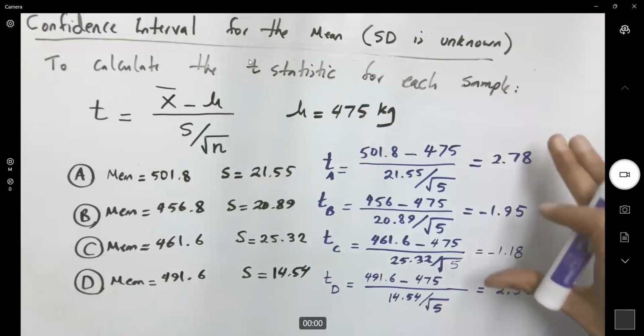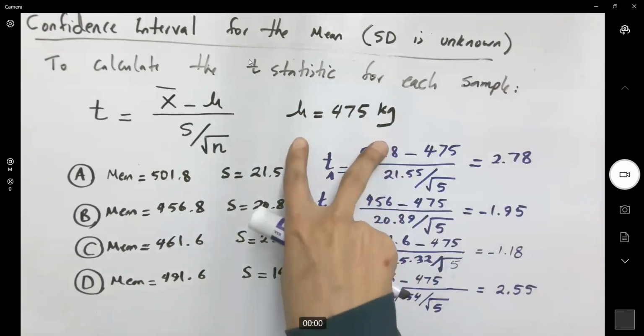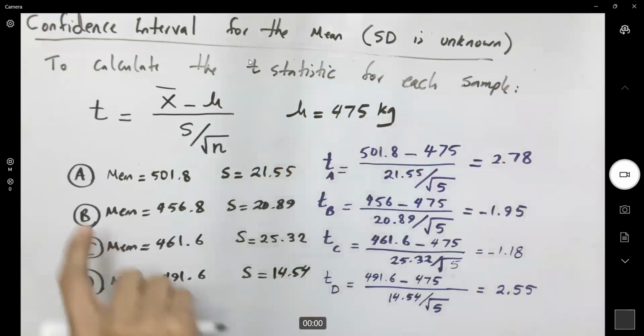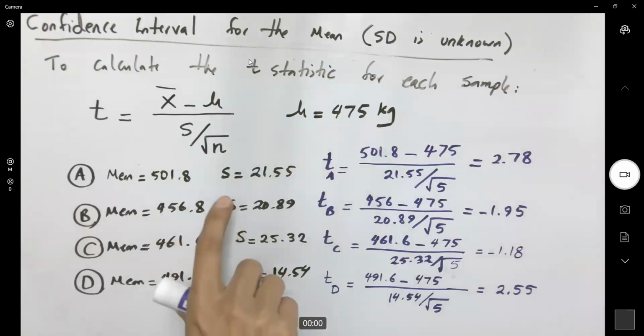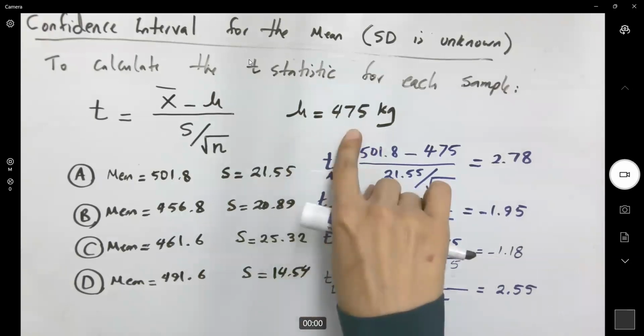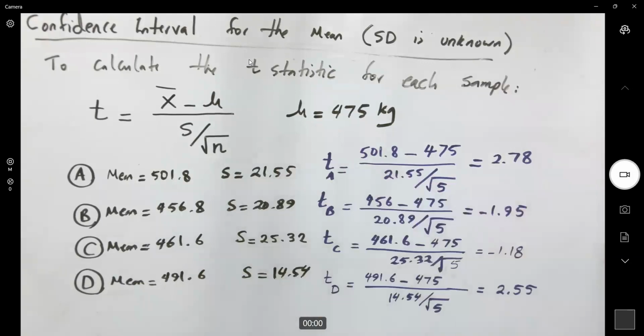Now I have a question for you. Which of these test statistics shows a mean farther away from the population mean? Which one shows that your sample has the average the farthest from the population mean? Which one has the maximum distance?